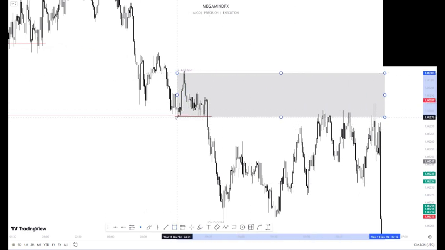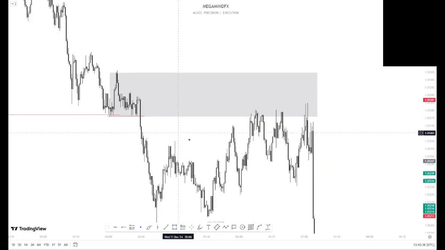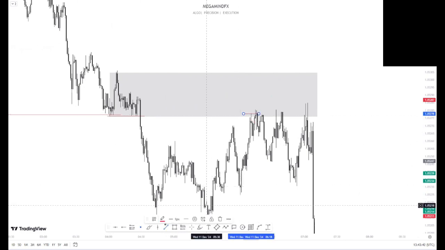So what do I want to see at the sell area? Triple breaks, triple inducement. One, two. So we had this mitigation. This is one. This is double inducement. Then the third one here, third one coming.